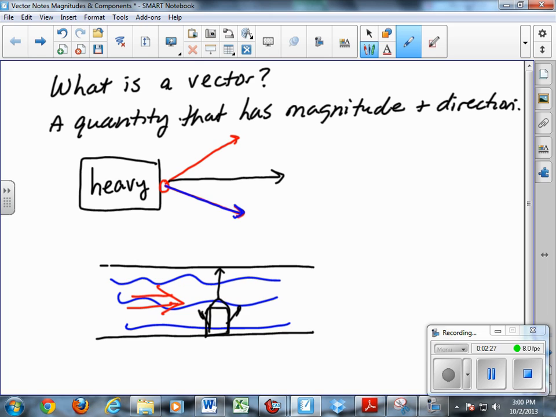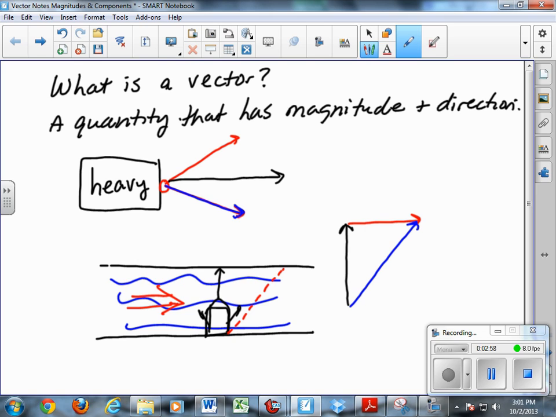So as I try to row across the river, the direction I actually go is more like this because the river is pushing me. I can think of the velocity of my boat as one vector and the velocity of the current of the river as another vector. When I add them together, I take the boat velocity, let me make that black like my boat, and the current velocity, and then the actual path that I row across the river looks more like that.